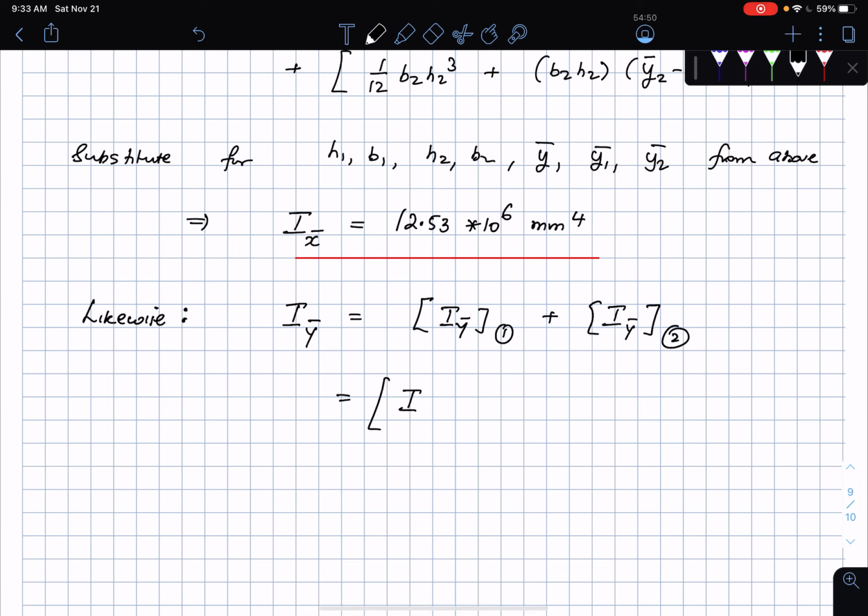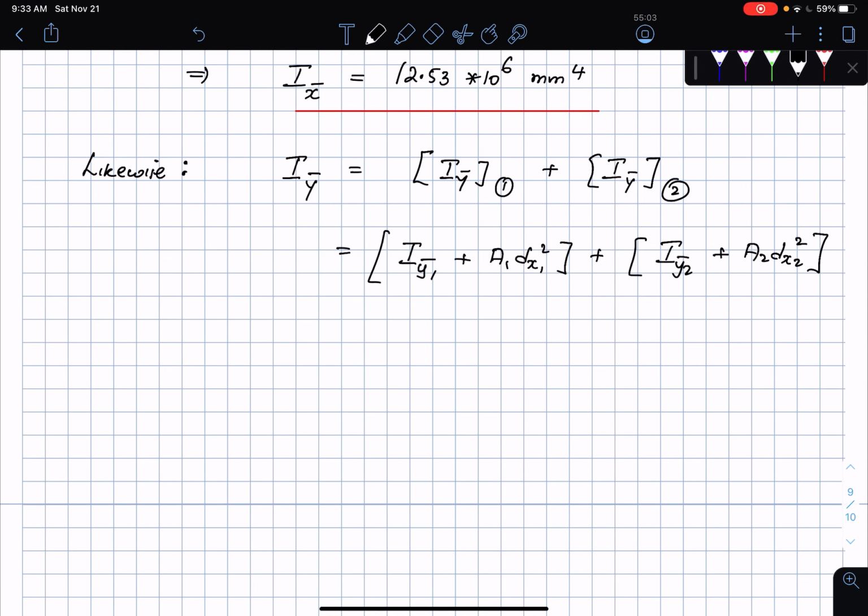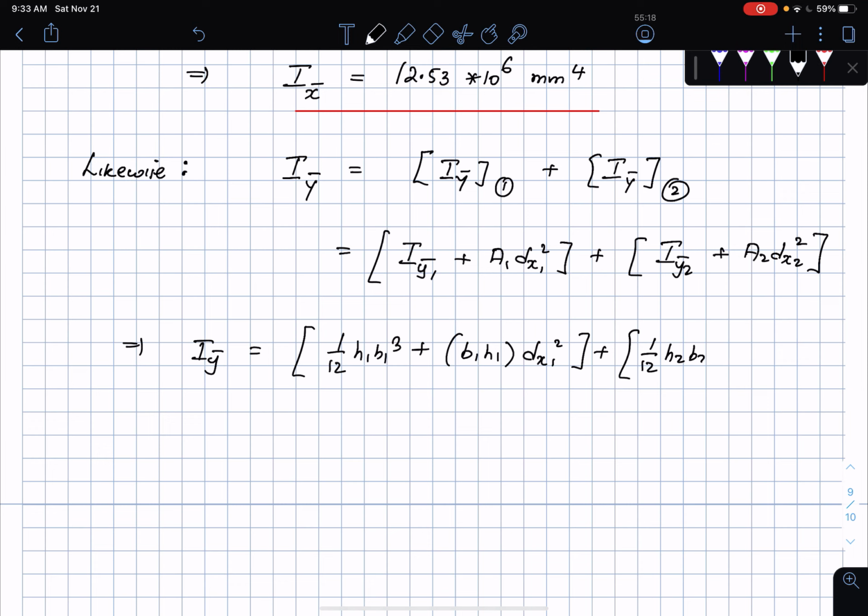This is going to be Iy1 bar plus A1 dx1 square plus Iy2 bar plus A2 dx2 square, or Iy bar is going to be 1/12 h1 b1 cube plus A1, which is b1 times h1, times dx1 square, plus 1/12 h2 b2 cube plus b2 times h2 times dx2 square. dx1 and dx2 are 0 for us.